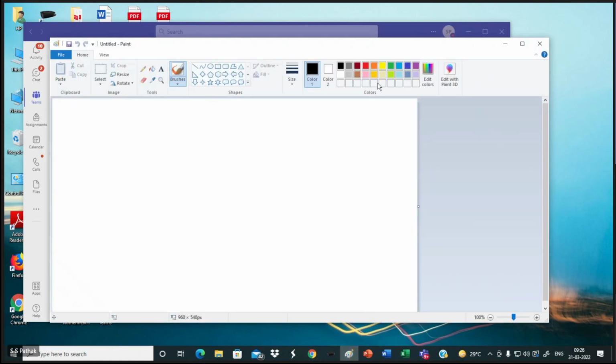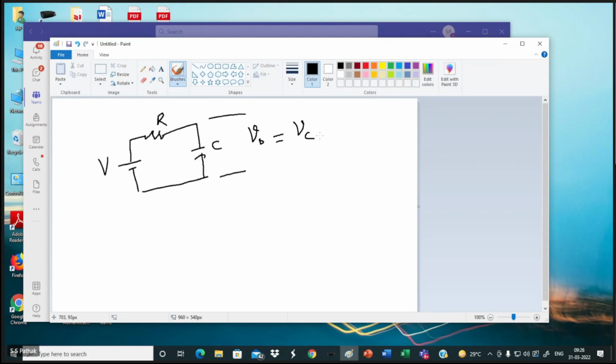How do I get it? Capacitor you have seen. Suppose I am charging with respect to a voltage V, and through this resistance R, I am charging a capacitor here. Here I'm taking my V naught equal to Vc.